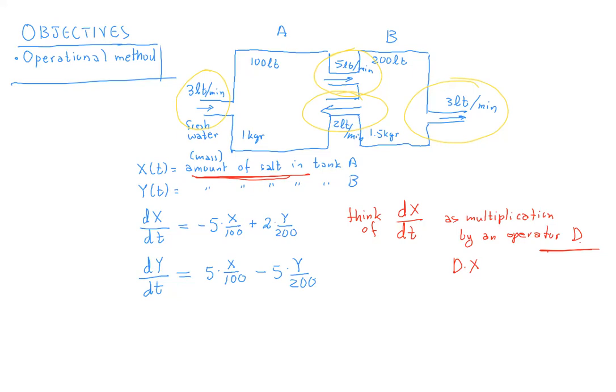So if you do this, then the system on the top can be written as dx is equal to minus 0.05x plus 0.01y, and then you have dy is equal to 0.05x minus, how much is this going to be?